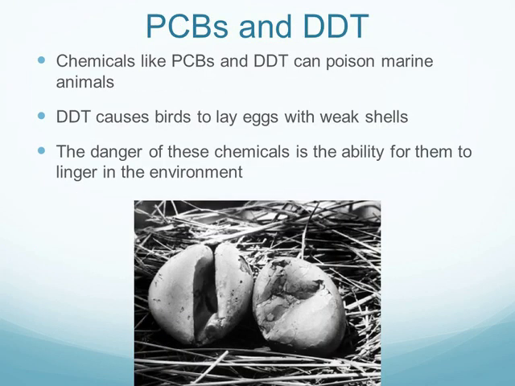So that was sewage. Let's talk about some other chemical pollutants that you can find in the ocean, and that's PCBs and DDT. These two particular chemicals are very harmful to the environment. PCBs are a chemical that's used in cooling down transformers.